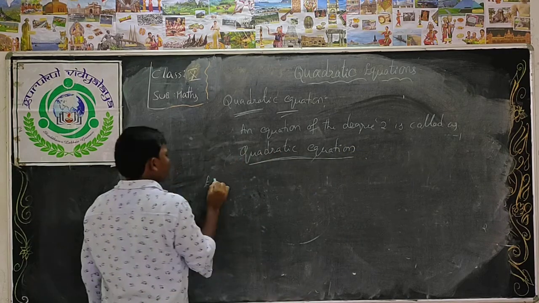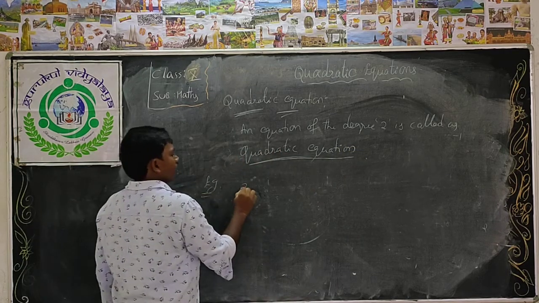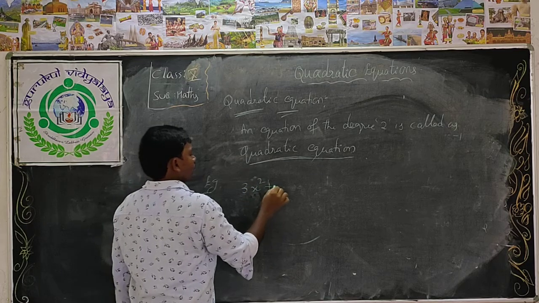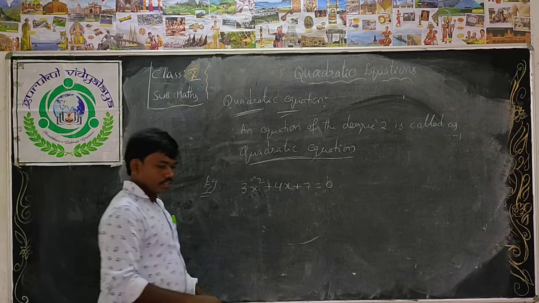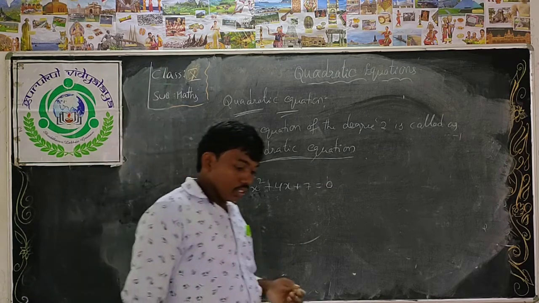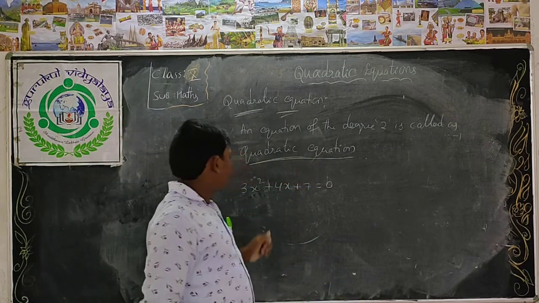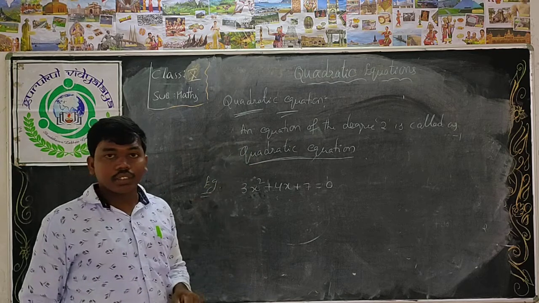So for example, 3x square plus 4x plus 7 is equal to 0. This is an example for the quadratic equation.